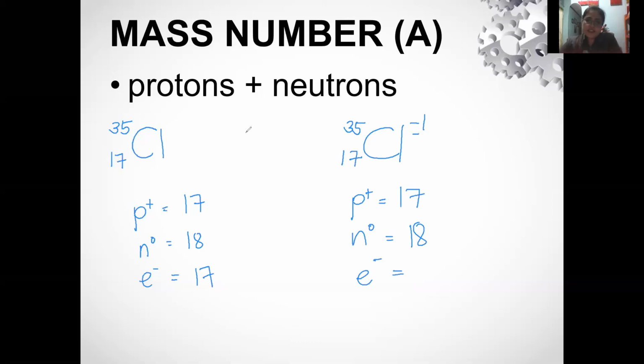Pero since this is negative, what you have to know is, pag negative ang charge, mas marami ngayon si electron. So, since this is negative 1, mas marami ng isa si electron. Meaning, ang electron dito ay 18. That's how you answer.